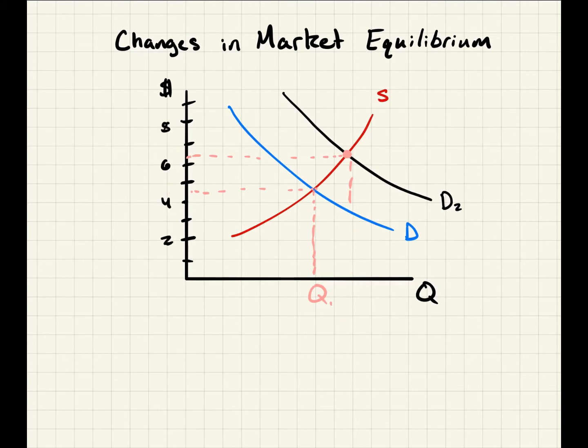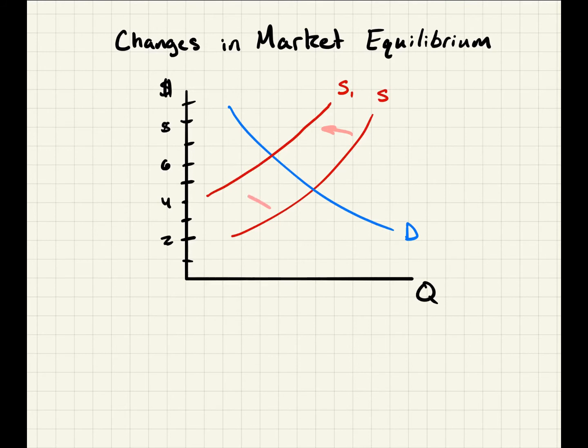And so this can happen in other ways too, right? Let's do another example. Let me get rid of some of these old lines. Let's say instead of an increase in demand, let's say we have a decrease in supply. Okay, so we go to S1 or S2 here. So here we have a decrease in supply. So it's going backwards.